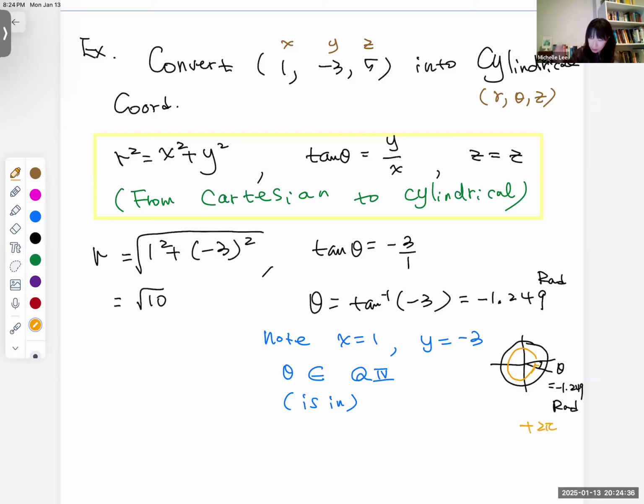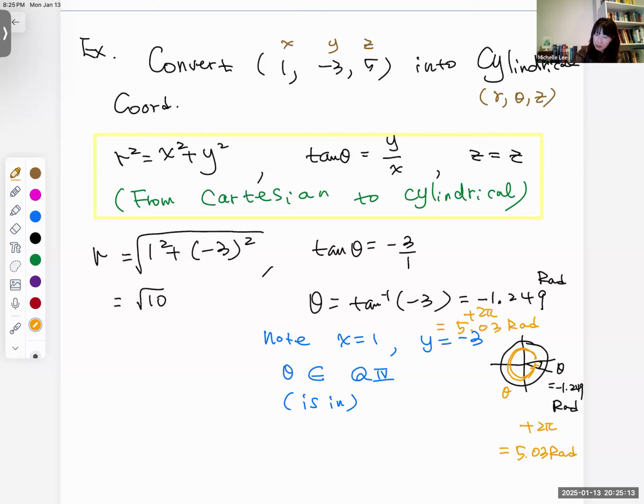So plus 2 pi, then we get the angle from here to here, counterclockwise. Yes. So that will be 5.03 radians. Make sense? So plus 2 pi equal to 5.03 radians.